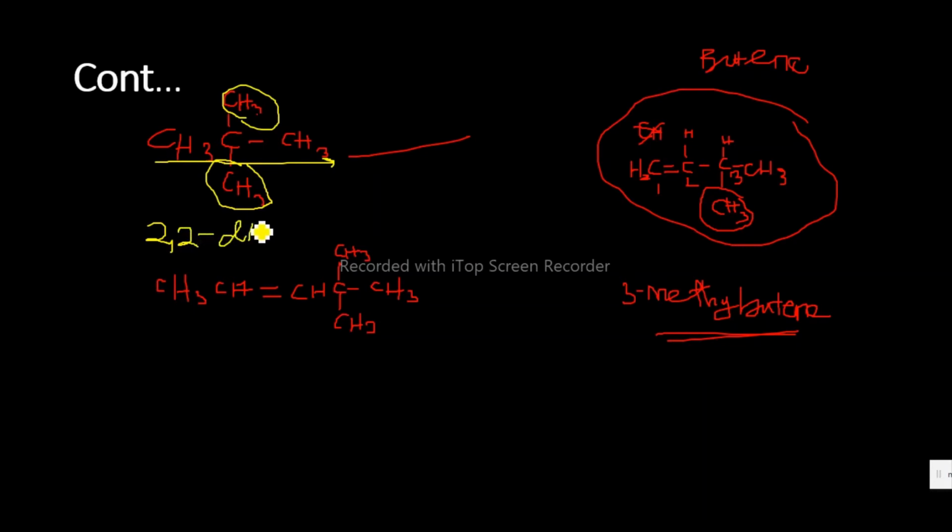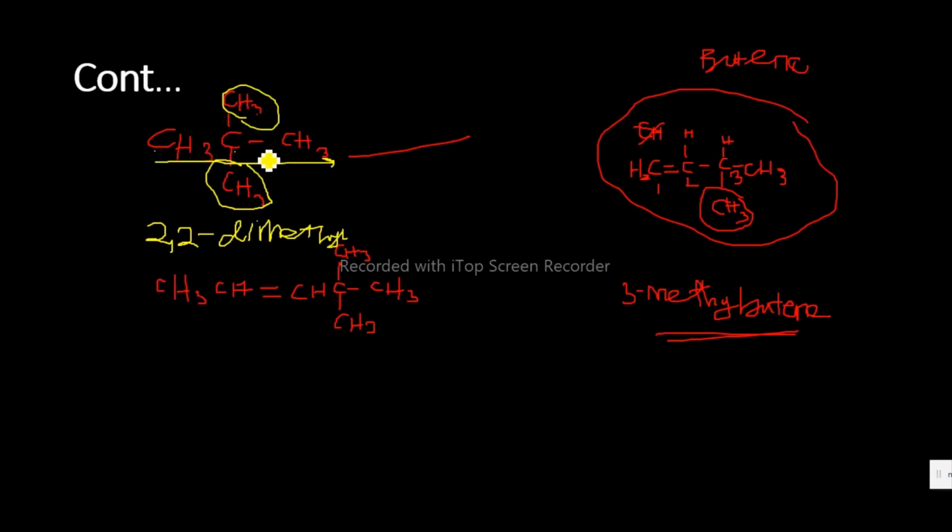Because they are two. And which two? Methyl groups: dimethyl, meaning this one and this one. Now the parent chain is 1, 2, 3.